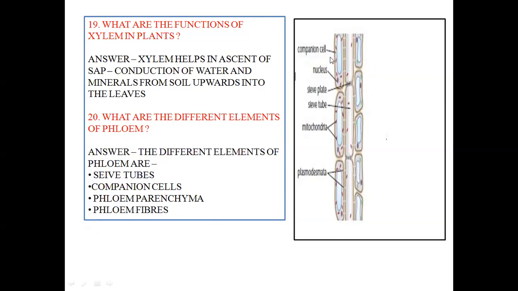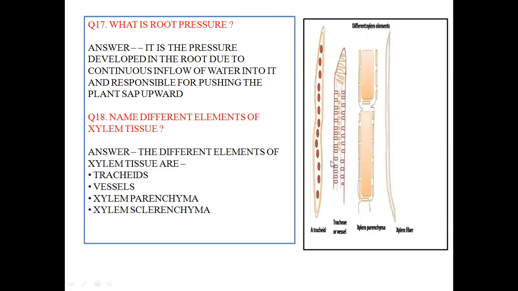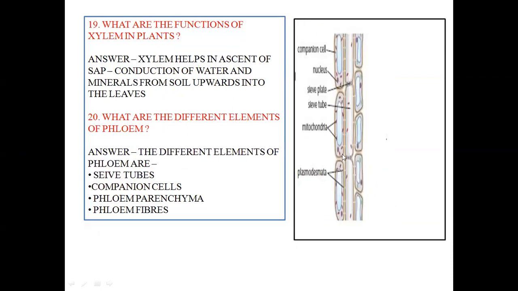That is why you can see in this picture, a nucleus in the cell, whereas in the previous picture, you will not find any nucleus. So that is why all these are living cells. The only dead component of phloem is phloem fiber.